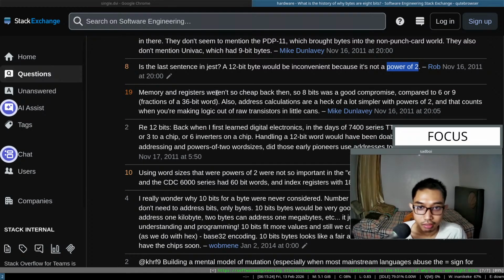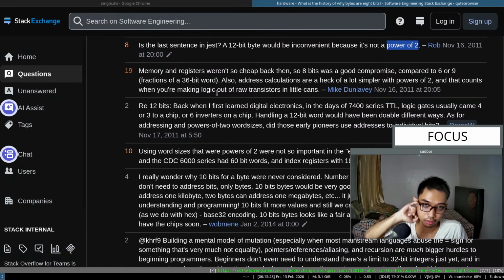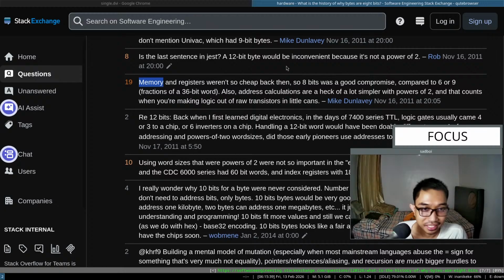Memory registers weren't so cheap back then, so I mean, nowadays memory is also not cheap, so we are going back in history. Maybe. 8-bit was a good compromise compared to 6 or 9, a fraction of 36-bit.